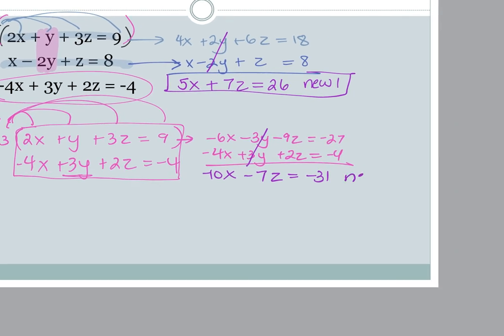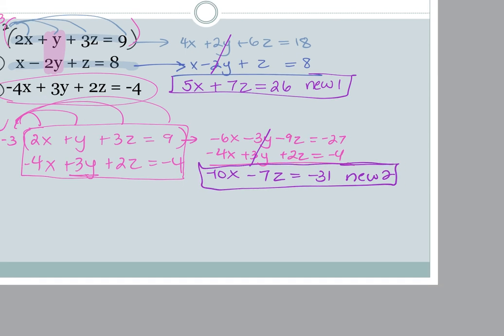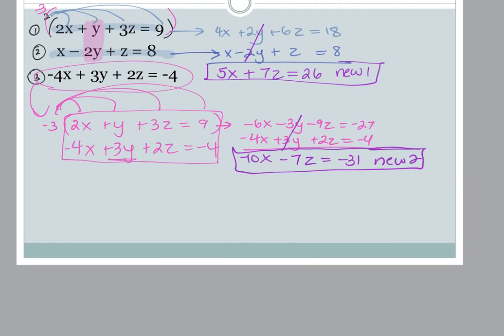And this is new 2. Now take the new 1 and new 2 and solve that system: 5x plus 7z equals 26 and -10x minus 7z equals -31.